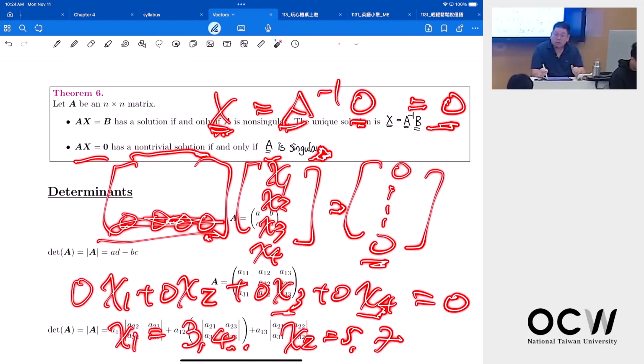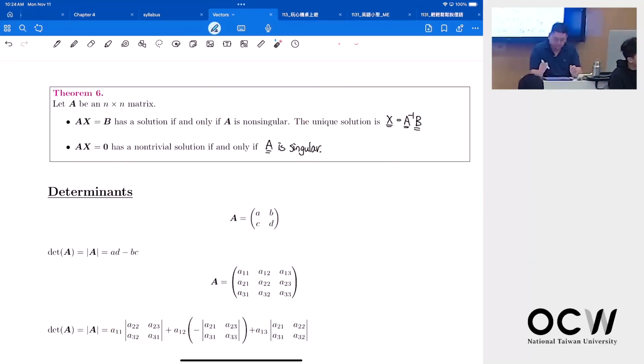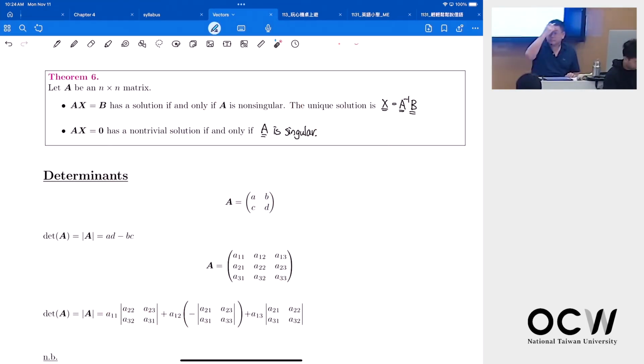Then if x is a 0 vector, x is a trivial solution. A non-trivial solution means I have values for x, it's not just all zeros. Any questions for this one?